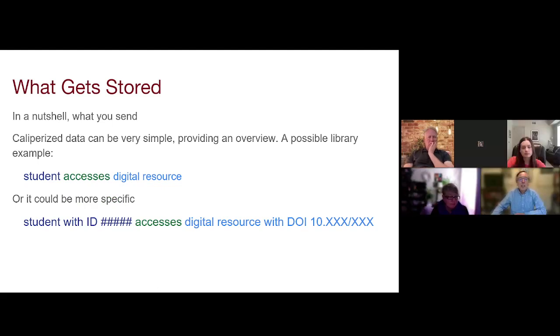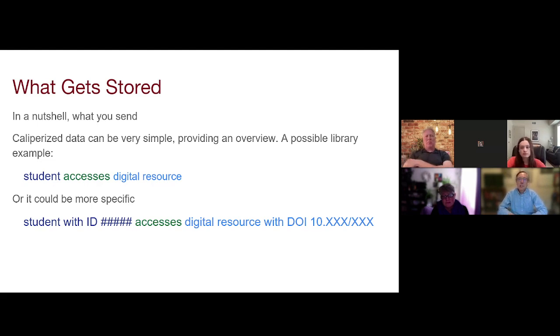So you could do something such as, rather than just the simple student accesses digital resource, expand that a bit to say the student with this ID accesses a digital resource with a DOI of that. So you get much more fine-grained if you choose to. And of course, you can go much more detailed than that.